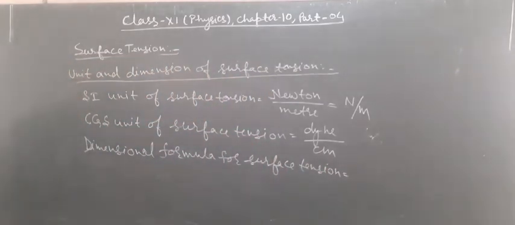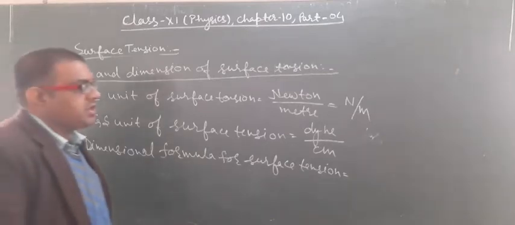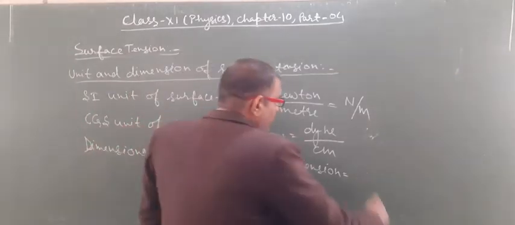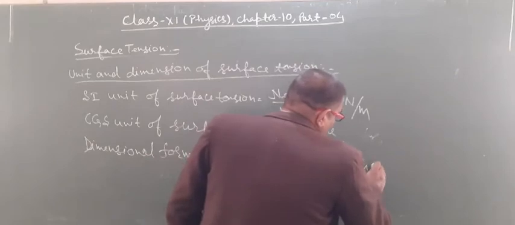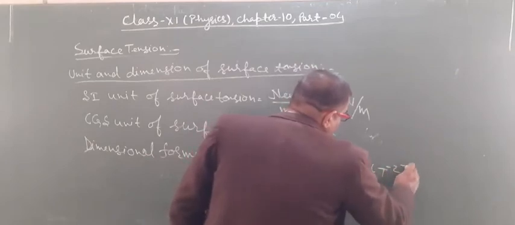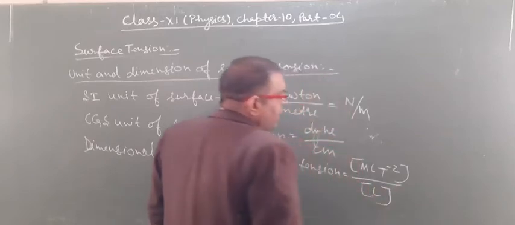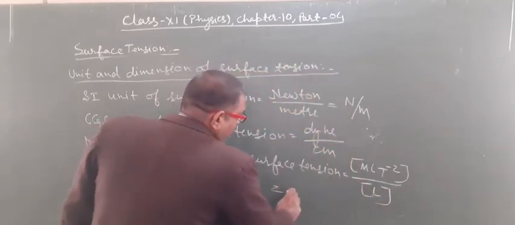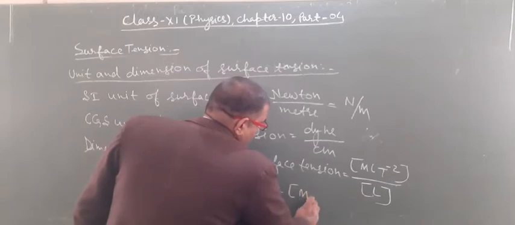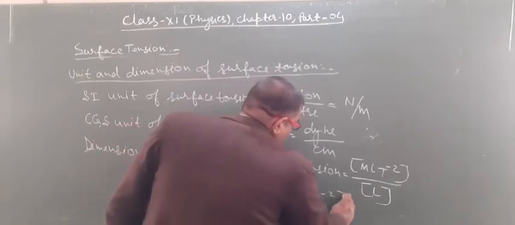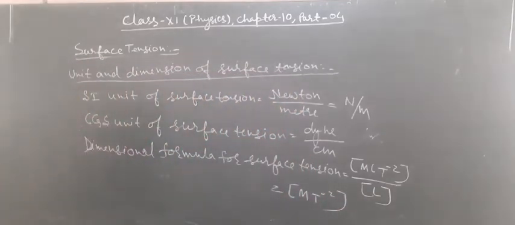You know that MLT minus 2 is the dimension for force, and L is the dimension for length. So we can write it here as MT minus 2. So the dimension formula for surface tension is MT minus 2.